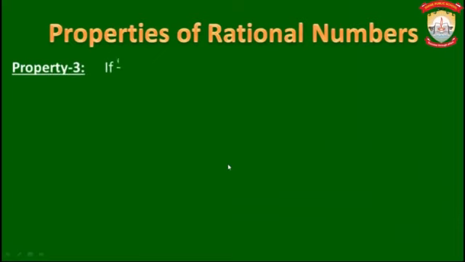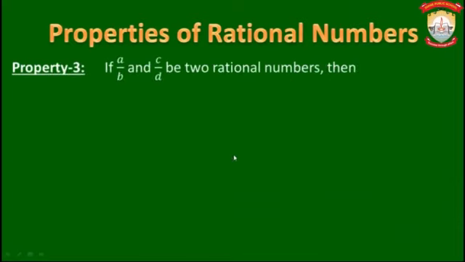Now, property 3. According to the third property, if a/b and c/d are two rational numbers and a/b is equal to c/d, this implies that a × d will be equal to b × c.